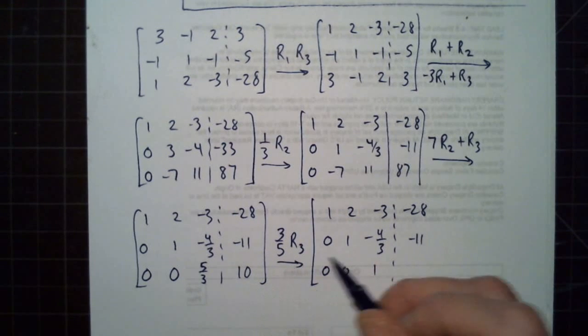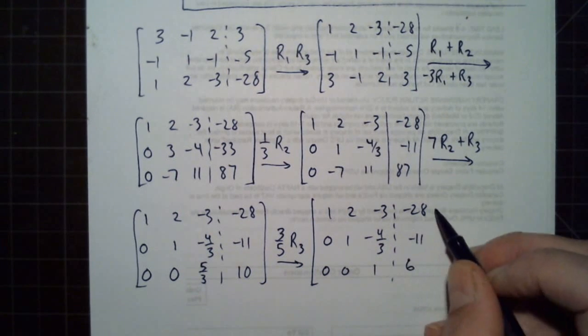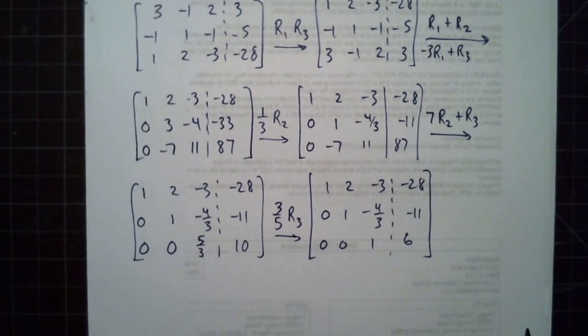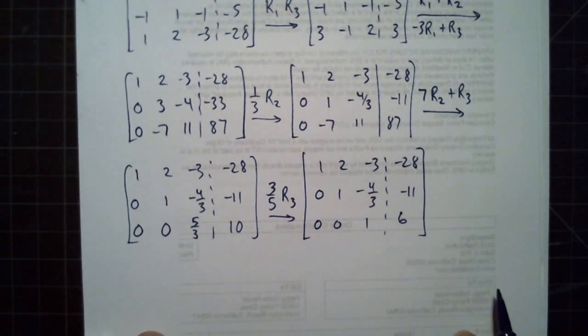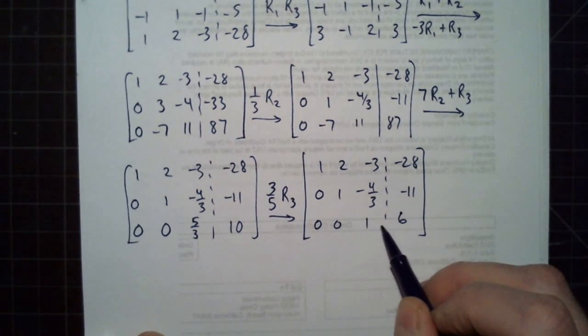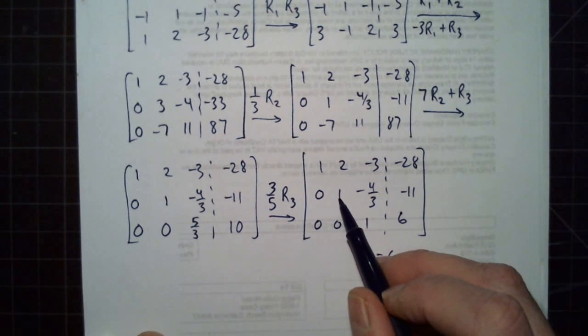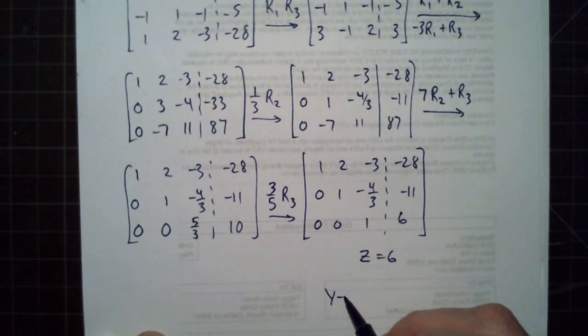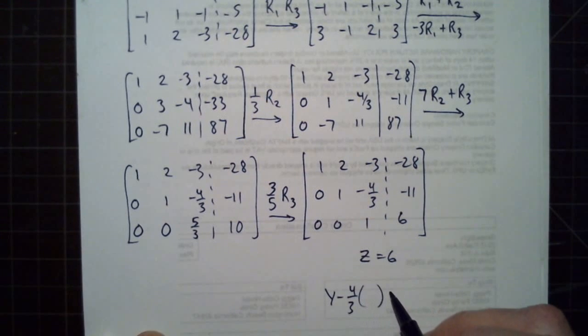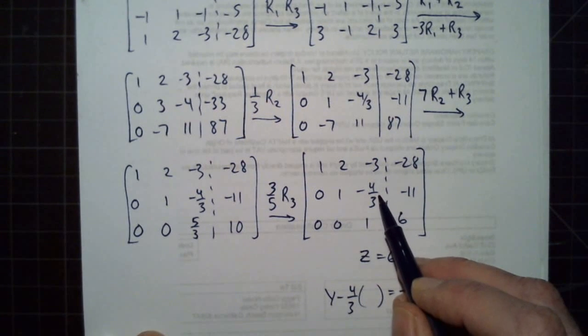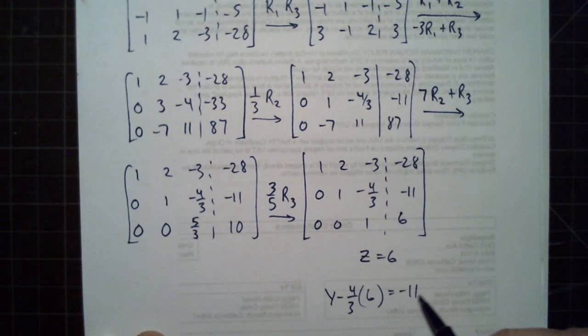Three-fifths times 10 would be 6. And we read this as z equals 6. And then we're going to use this: y minus 4/3 z equals -11. That's a z and a y, so we'll put the 6 there.